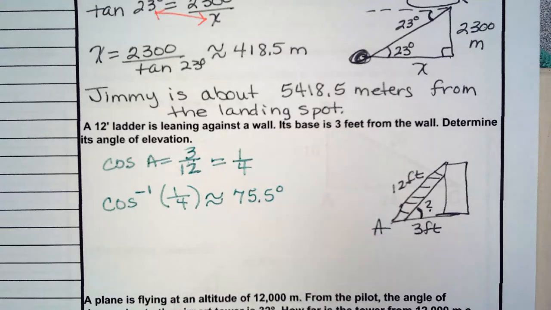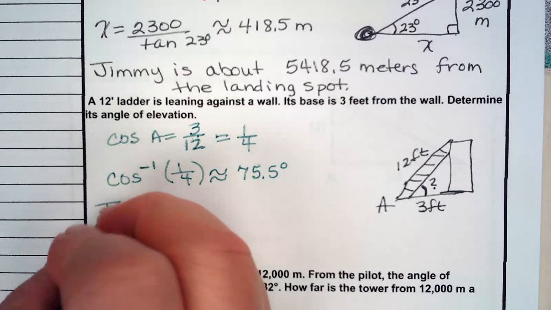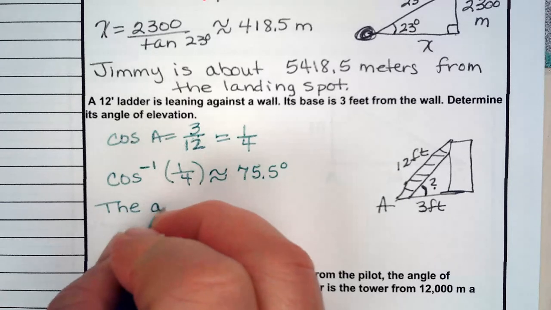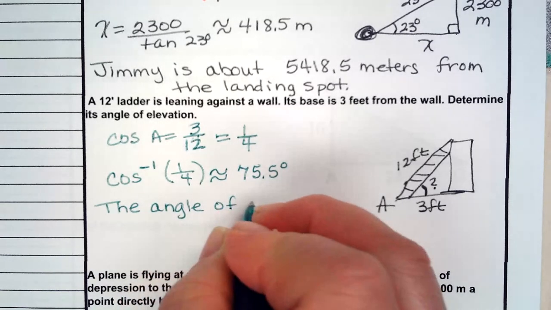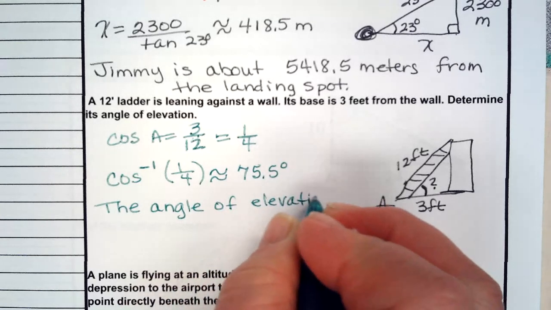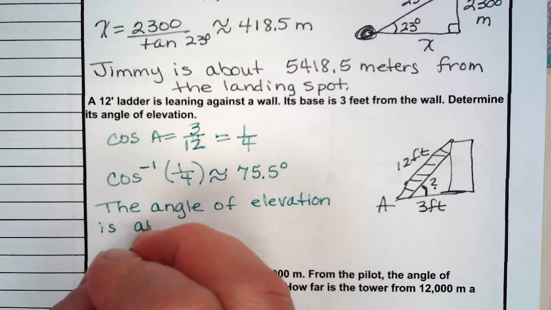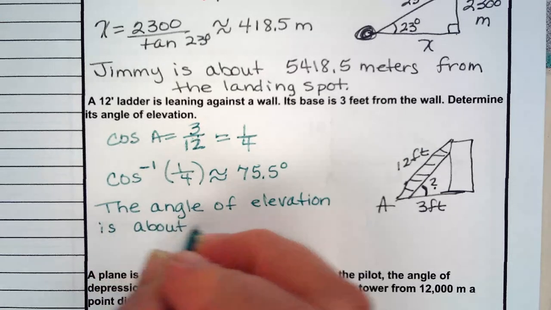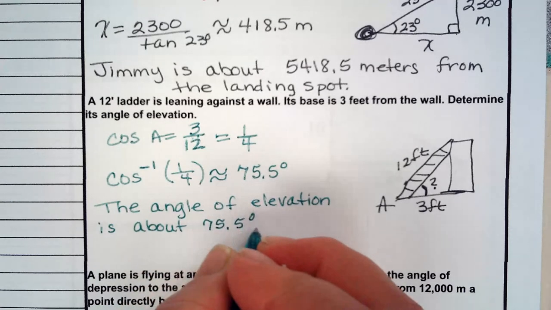That's a pretty sharp angle if you're going up a wall. The angle of elevation is about 75.5 degrees.